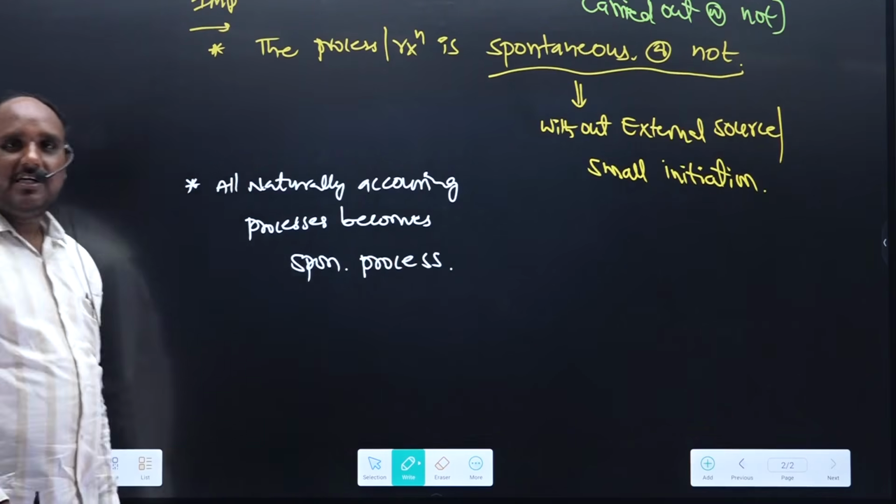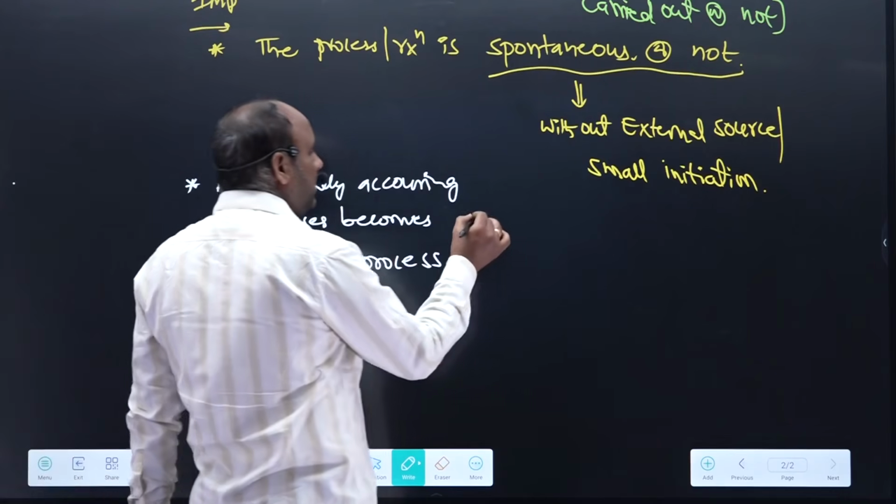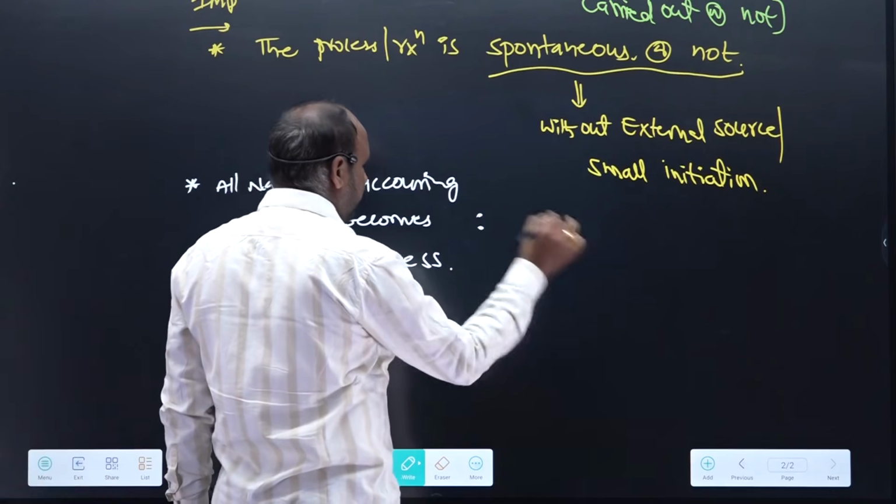What are those naturally occurring processes?